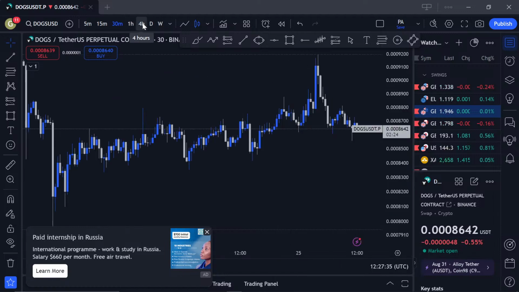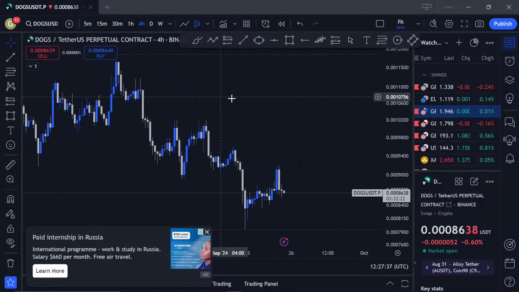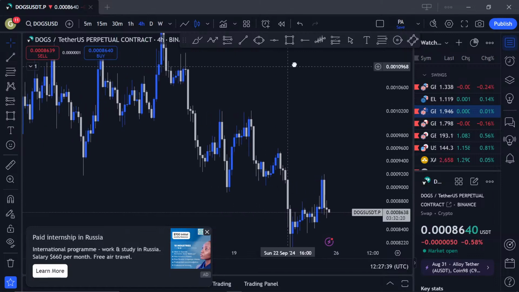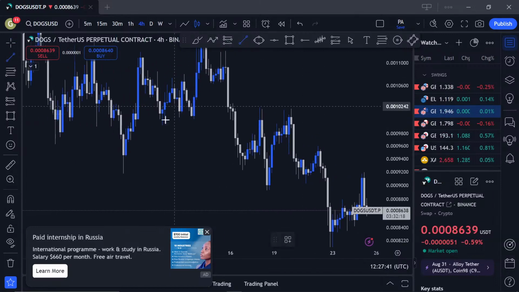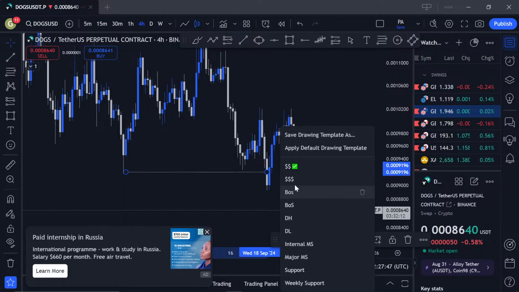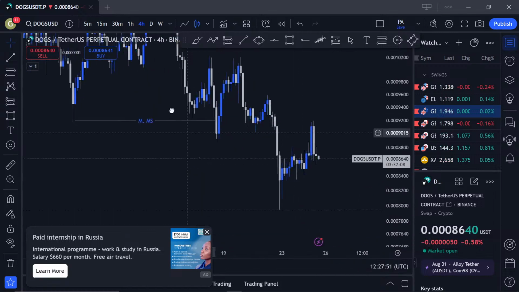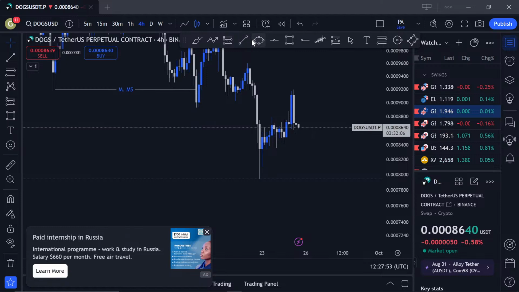Okay. Perpetual contract, yeah. Now let's take a look at it on the 4-hour first. Market is on a serious downtrend. Market shift right here, and then followed by a break of structure right here.